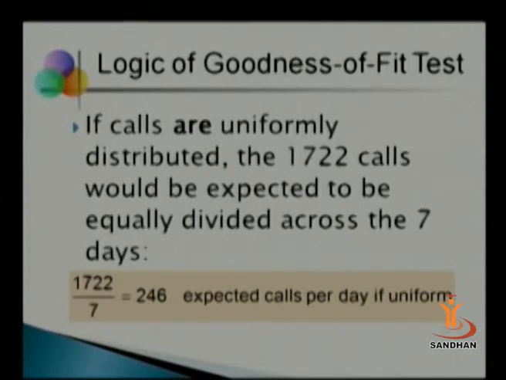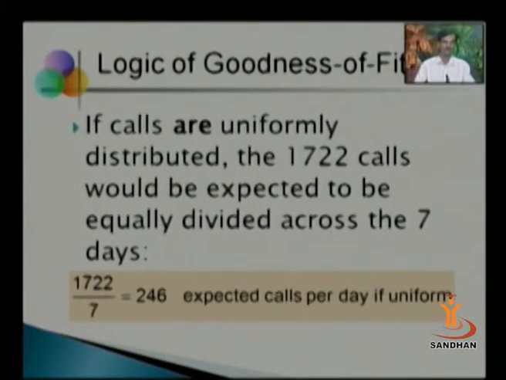To test this hypothesis we have to calculate expected frequencies. Expected means assuming that the null hypothesis is true, that the calls are uniformly distributed. If the calls are uniformly distributed, then the total number of calls for all 7 days, that is 1722 calls, would be expected to be equally divided across the 7 days.